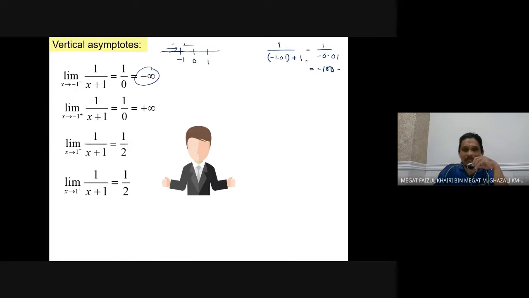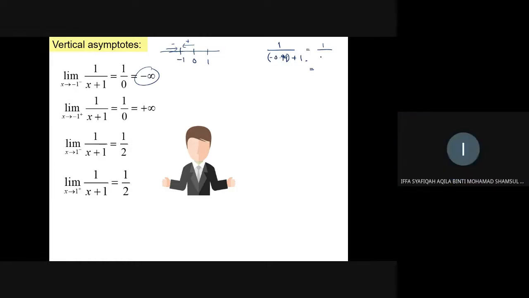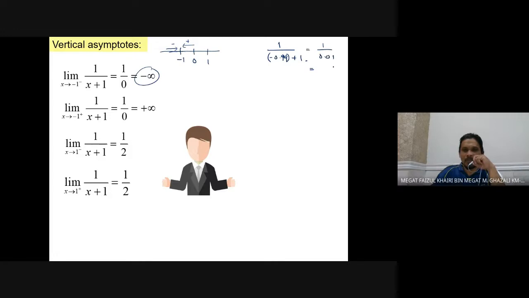When x approaches negative 1 from the right: 0, negative 0.5, negative 0.8, negative 0.9, negative 0.99. Okay, when x is very close to negative 1 from the right side, negative 0.99 plus 1, what will we get then? 0.01.